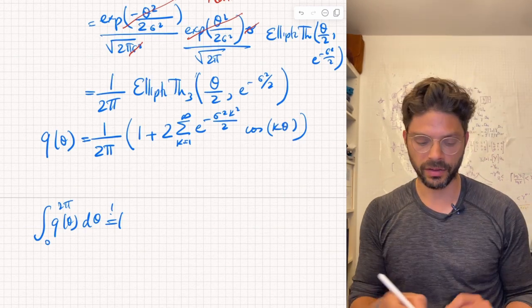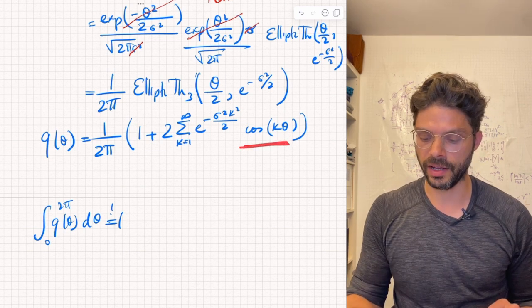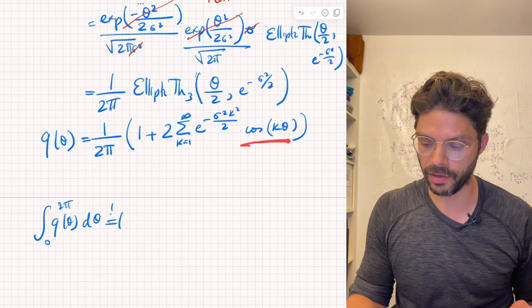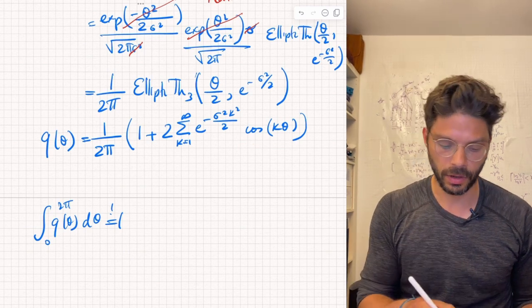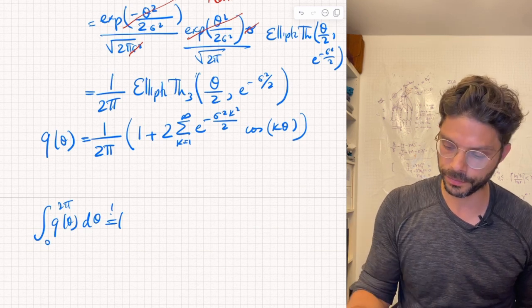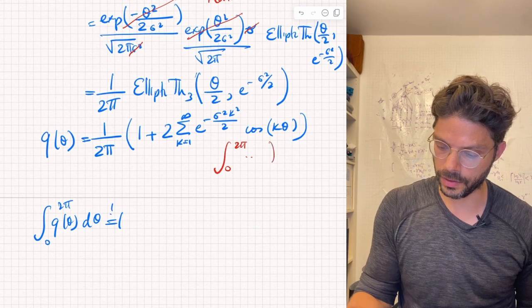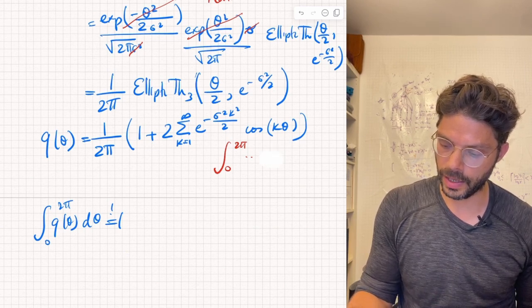There we go. Okay, so because k is greater than 0, all of these cosine terms, when you integrate them, are going to integrate to 0, right?